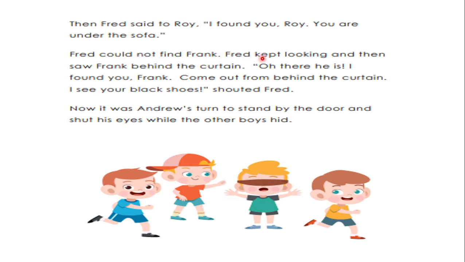Fred kept looking and then saw Frank behind the curtain. Oh, there he is. I found you, Frank. Come out from behind the curtain. I see your black shoes, shouted Fred. Now it was Andrew's turn to stand by the door and shut his eyes while the other boys hid.